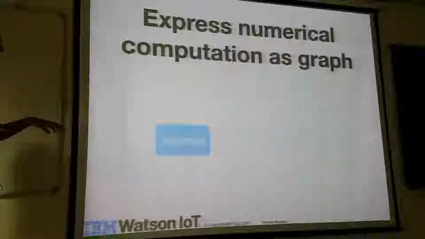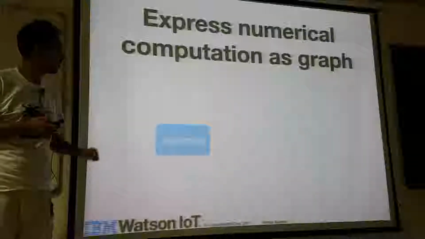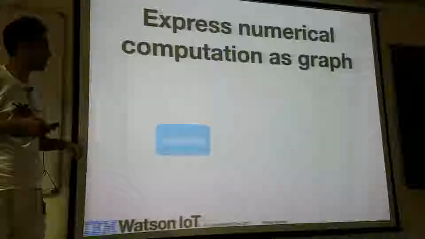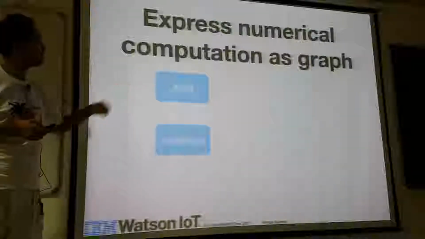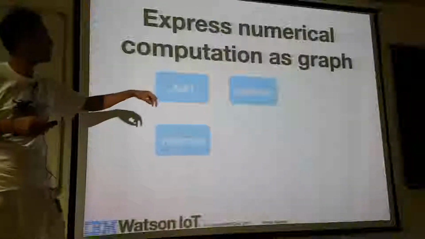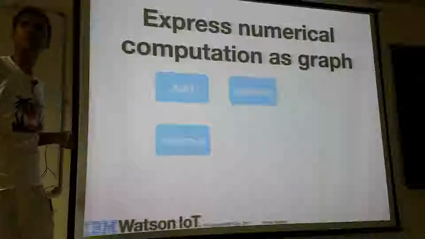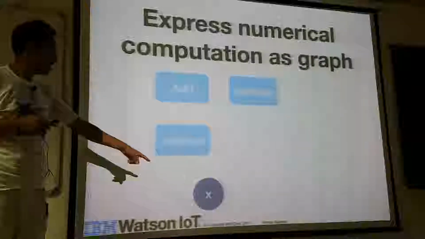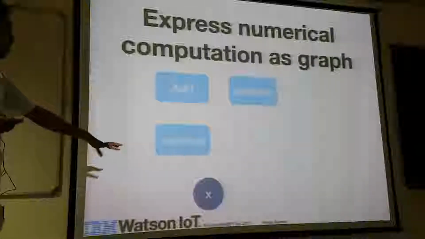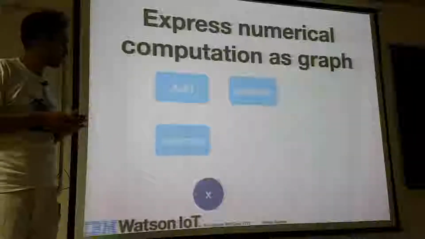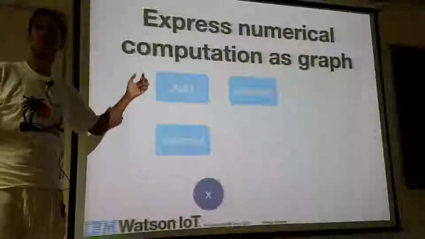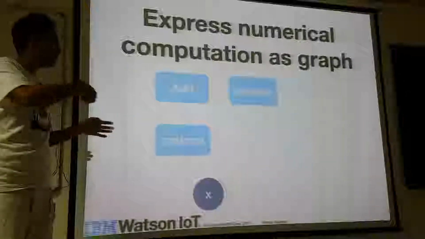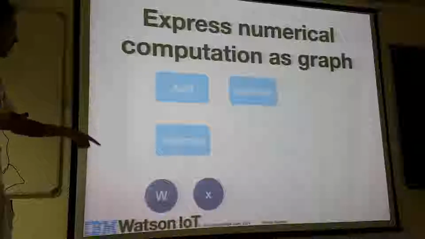The idea is you have here a matrix multiplication operation, which is a TensorFlow operation. You have addition as a TensorFlow operation, and you have softmax, the activation function, which is also a TensorFlow operation. You then have placeholders, which are basically parts of the computation graph that are loaded with your data. And then you have variables.